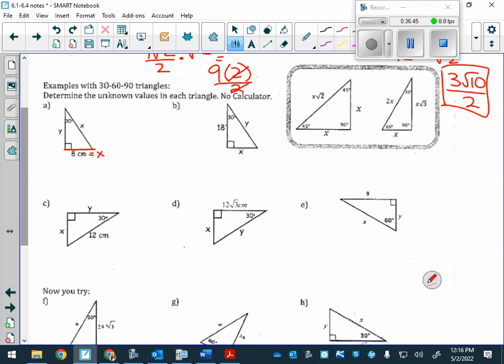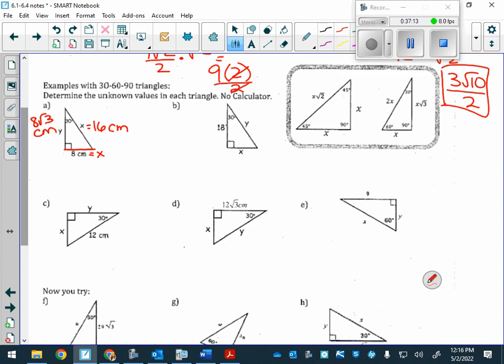What would y equal? Andrew? 8 root 3, and they're giving us units, centimeters, okay? Because it's x times root 3. Then what is our hypotenuse? Go ahead, Abigail. 16 centimeters. Good. Excellent.